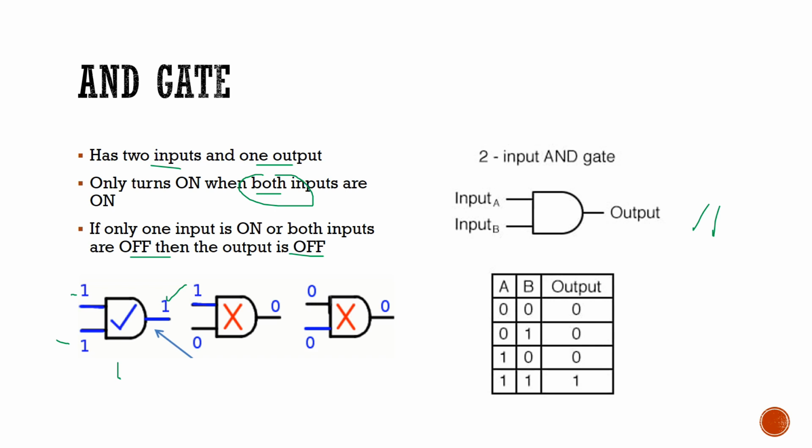If input A is off and input B is on, it is still off. If input A is on and input B is off, still off. And if both inputs are on, this is the only condition which fulfills the condition. So that's it for the basic logic gates, and thanks for watching.